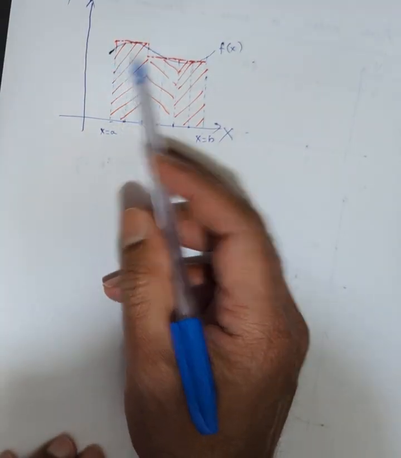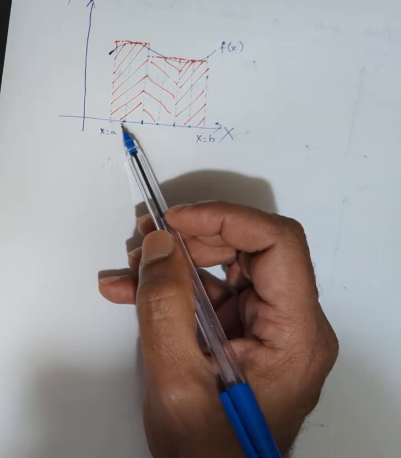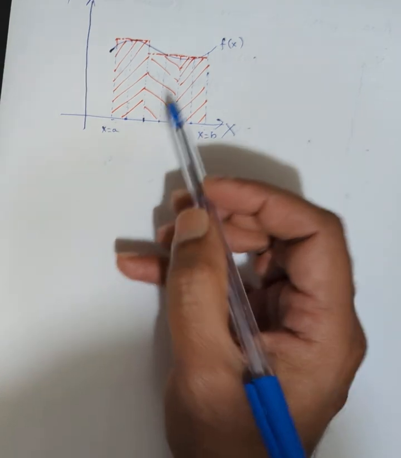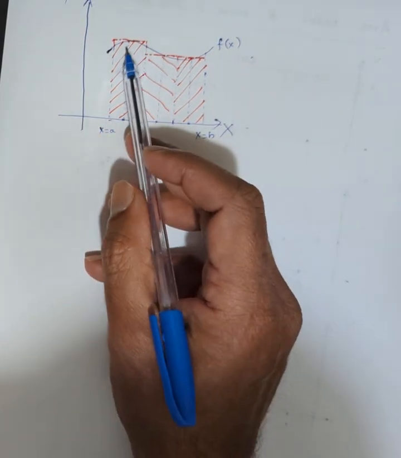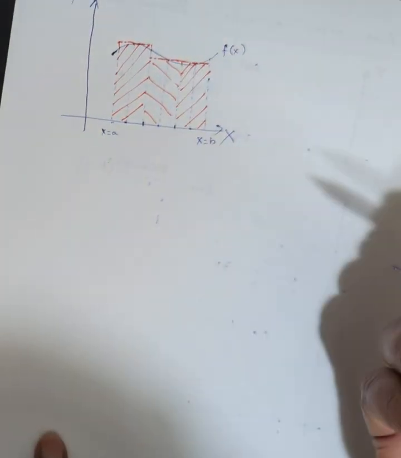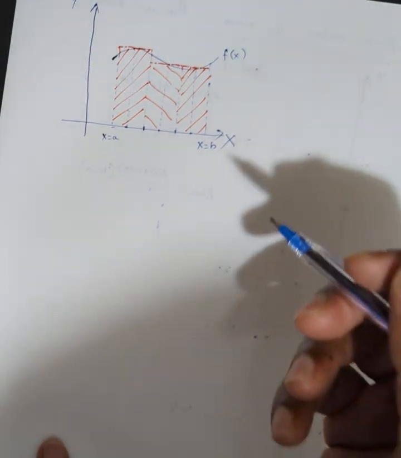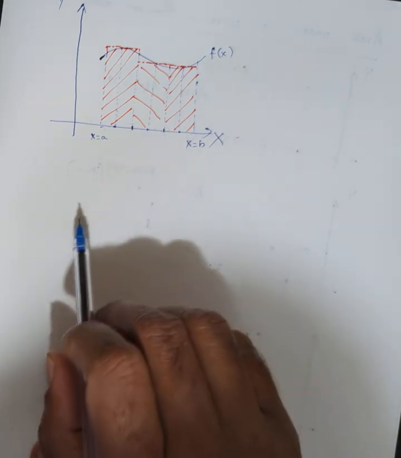I'm not going to get an accurate answer, but you can imagine that if you increase the number of subintervals, then these widths are going to get really small, and then you get more and more accuracy. But it would mean a lot more work. So for simplicity, I only split it into 3 subintervals.